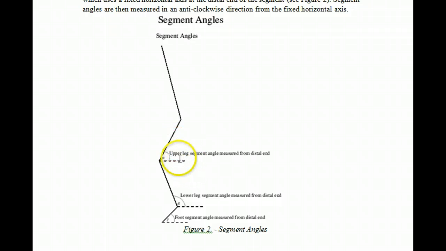So an upper leg segment will be represented by the angle measured from the fixed reference round in an anti-clockwise direction until the segment is located. Similarly, the lower leg segment would be measured from a fixed reference at the distal end round in an anti-clockwise direction, and if we were defining a foot segment, then we could locate a fixed reference at the toe and measure round in an anti-clockwise direction.